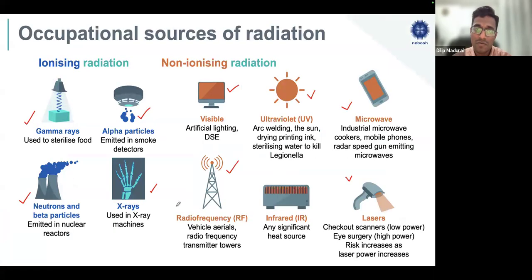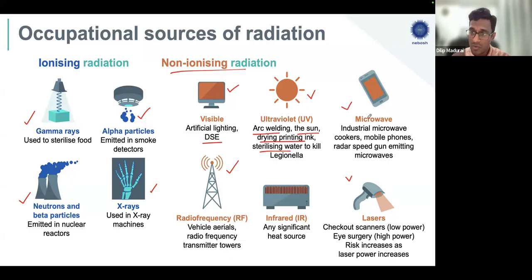So examples of sources of non-ionizing radiations: visible light, like the artificial lighting we use, the computers and laptops, which is display screen equipment, and then ultraviolet UV rays, from the sun, or from arc welding or drying printing ink, or sterilizing water to kill bacteria. So those are UV, or even in your water filters, you will notice the UV to kill the bacteria and germs.